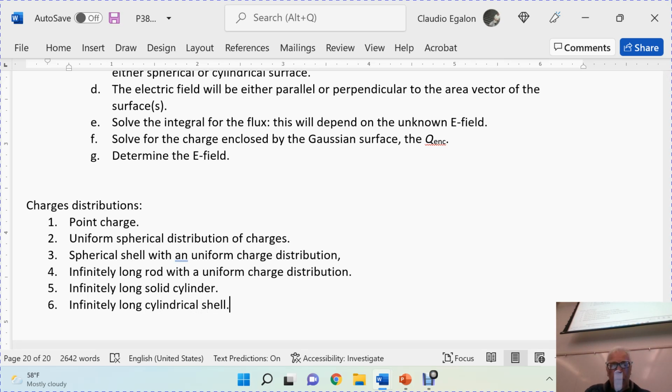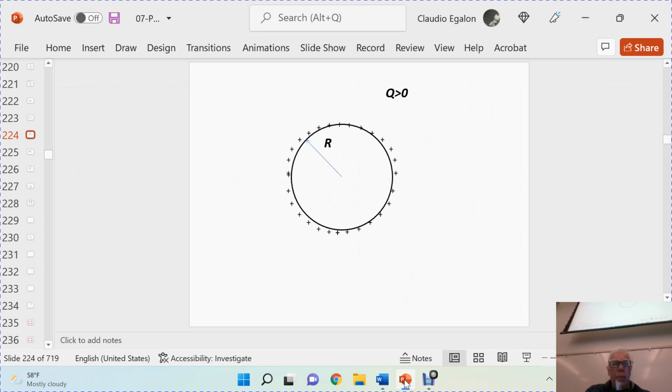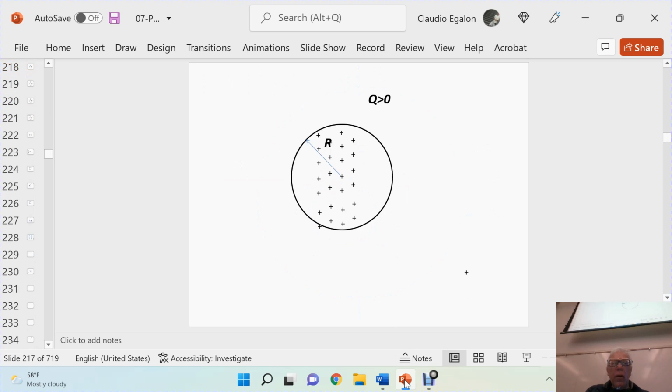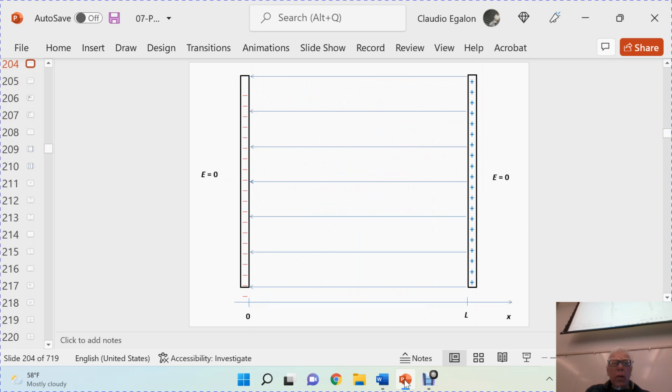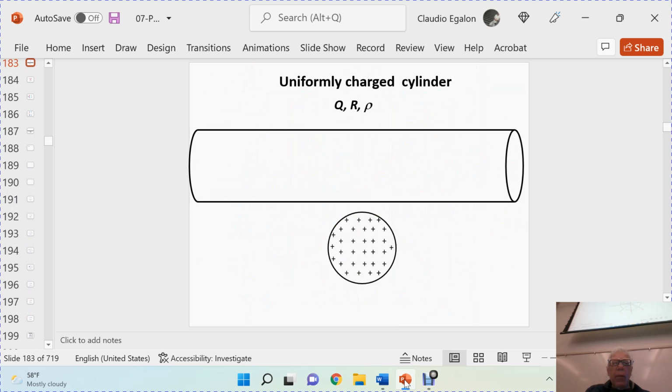What else? Let's go here. All right. Here's the sphere, right? Let's see here. Yeah, that's the point. I have more drawings than what I need. Yeah, here you go.